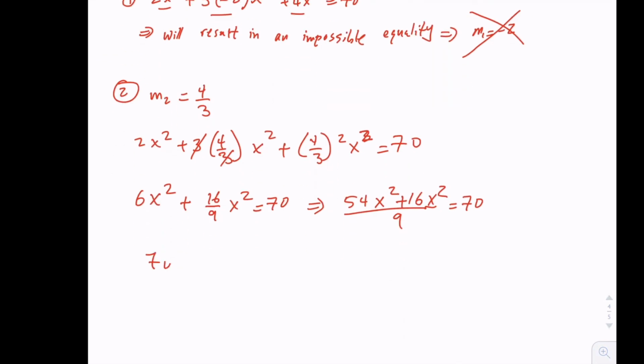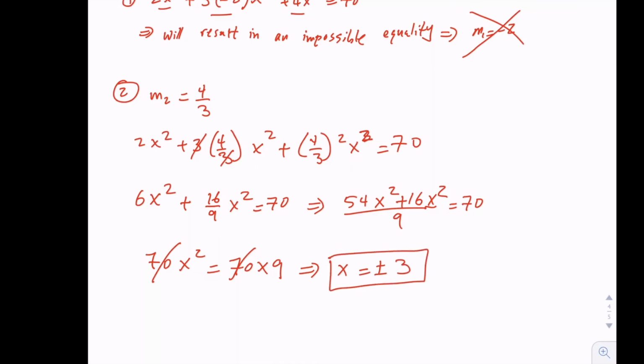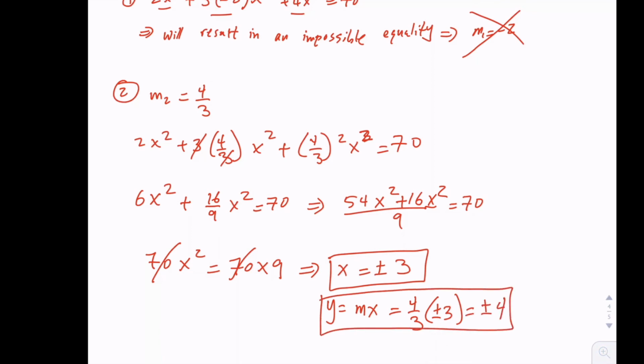So 70x squared will be 70 times 9. This 70 will cancel with this 70, and x will be plus or minus 3. And now we know that y was mx, so y will be 4 over 3 times plus or minus 3, which should be plus or minus 4. So this actually solves the third equation.